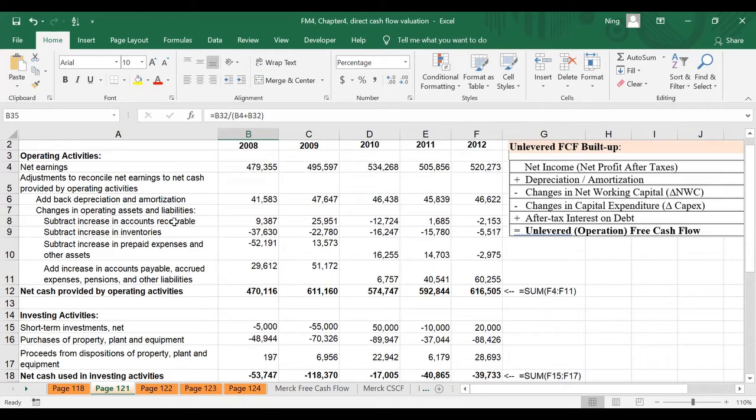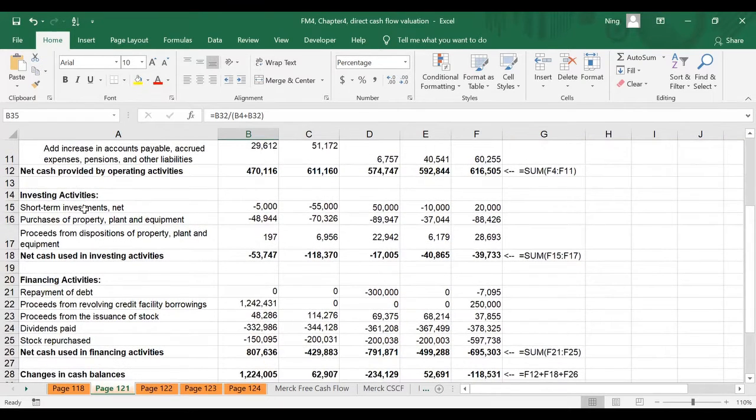This is equivalent to changes in net working capital. Be aware that the numbers on the cash flow statements are on the yearly basis. It summarizes all the cash flows for a given fiscal year. That means all the depreciation, amortization, and changes in net working capital are accrued in a year, which is what we need for calculating unlevered free cash flow.